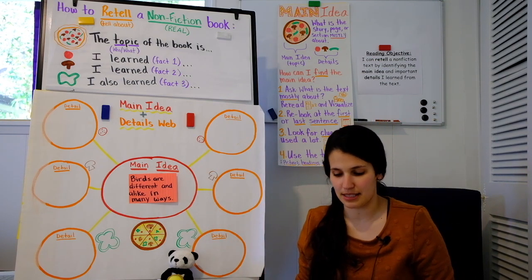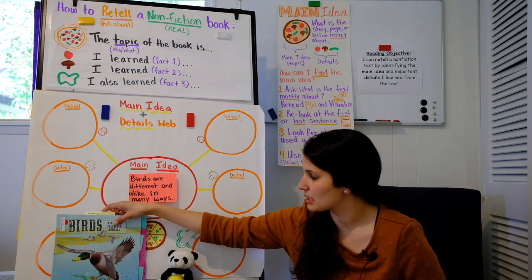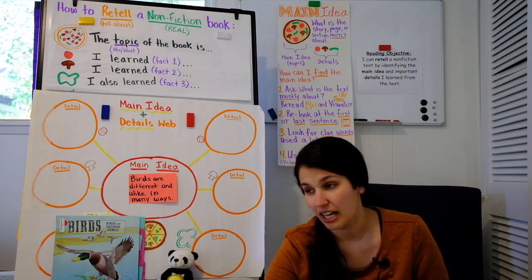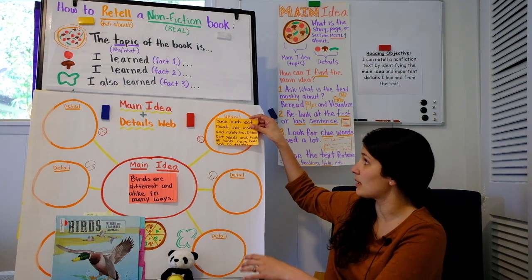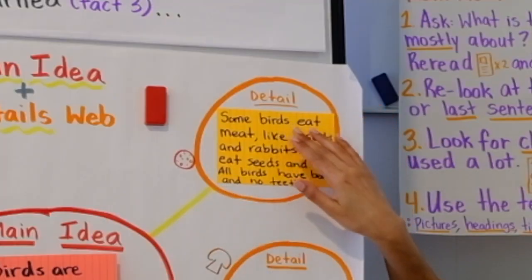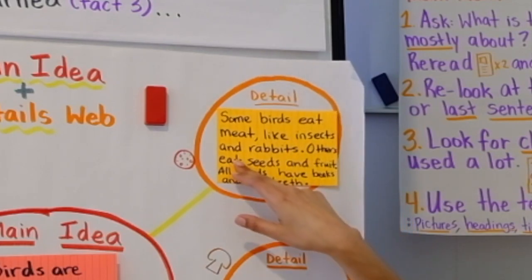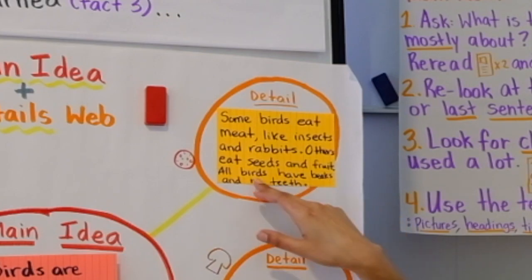Let's think about some. One that I had found, I'll put this up here, was on the page about what they eat. I had noticed that it talked about this: some birds eat meat, like insects and rabbits. Others eat seeds and fruit. All birds have beaks and no teeth.